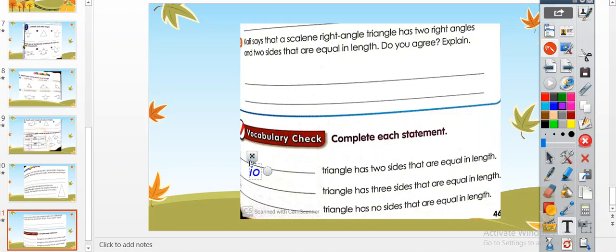Yes, isosceles. A triangle that has three sides that are equal. Excellent, equilateral. And finally, a triangle that has no sides that are equal is called scalene.